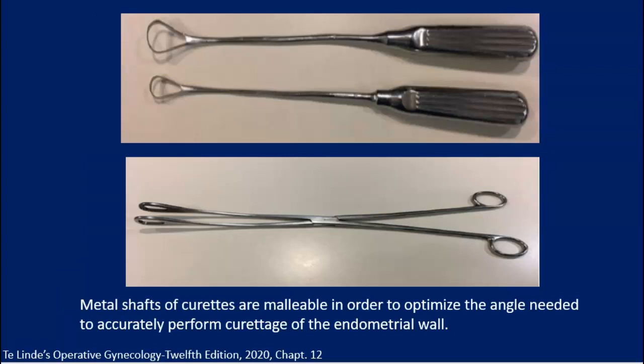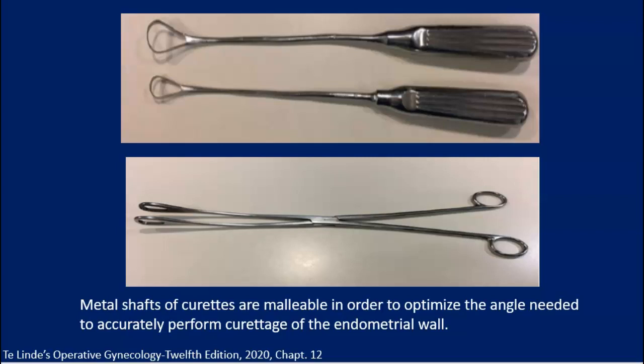This demonstrates at the top some uterine curettes. The shafts of most uterine curettes are malleable so that you can bend them into shape for, let's say, a retroflexed or anteverted uterus and facilitate curettage.